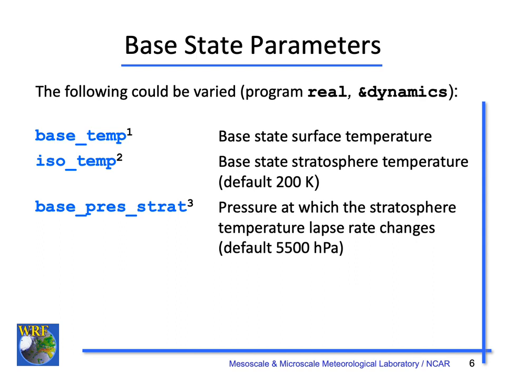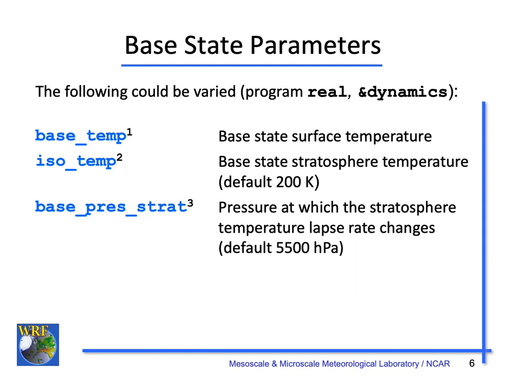Therefore, we need to define the base or reference state of the model atmosphere, and the perturbation variables are obtained then by subtracting the base state from the full atmospheric state variables.